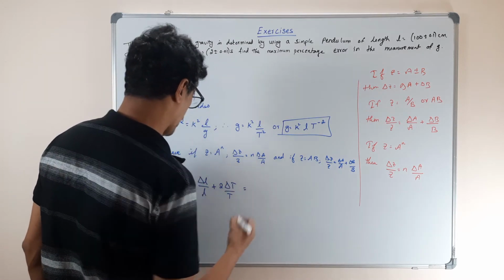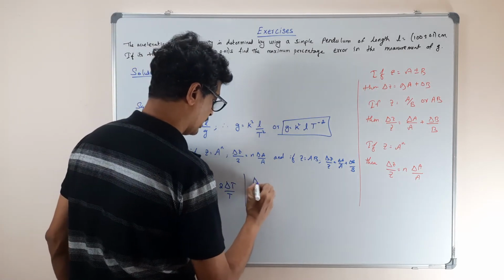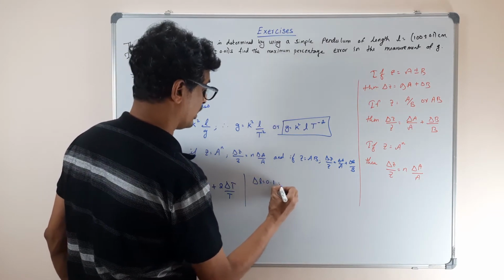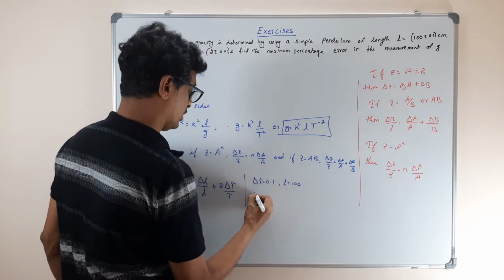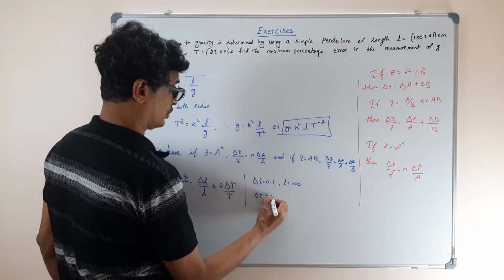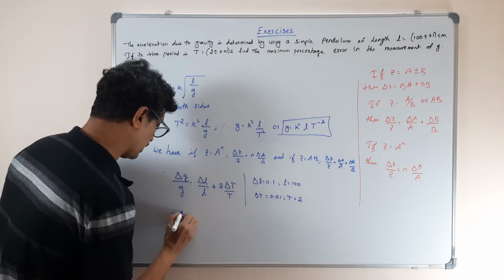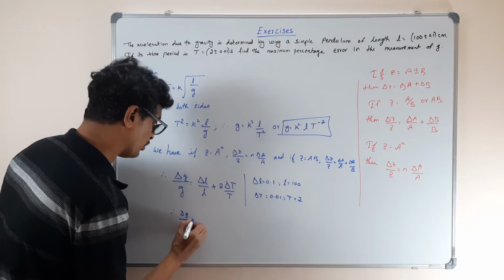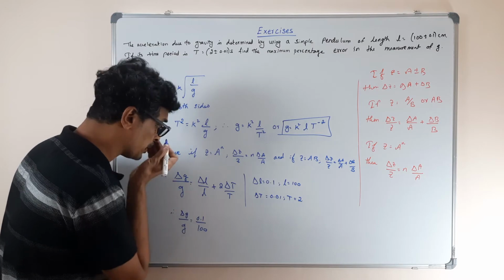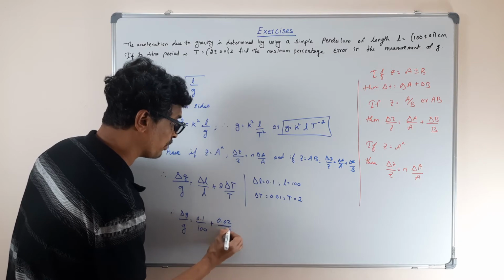So tell me, what is delta L? We are given delta L is 0.1 and L equals 100. Delta T equals 0.01 and T equals 2. Therefore, delta G by G will be 0.1 divided by 100, plus 2 times delta T, that is 0.02 divided by 2.